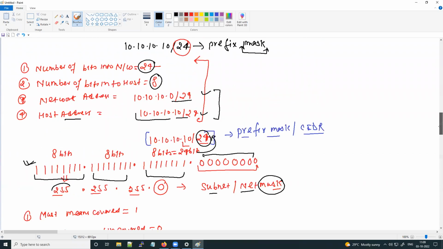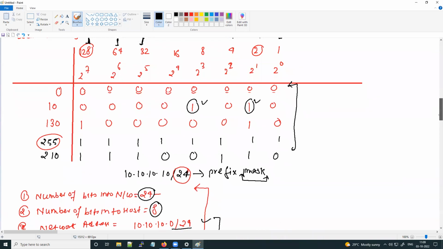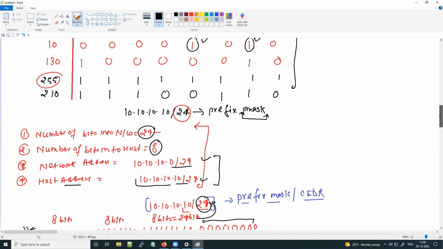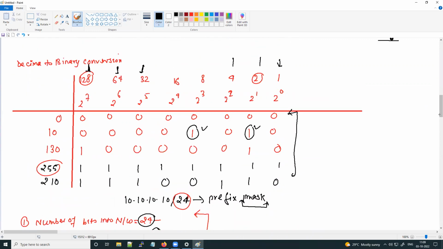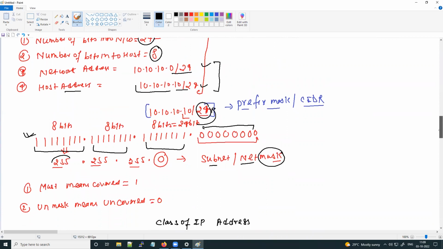If you see this, the possibility of these bits could be all 0 or all 1.